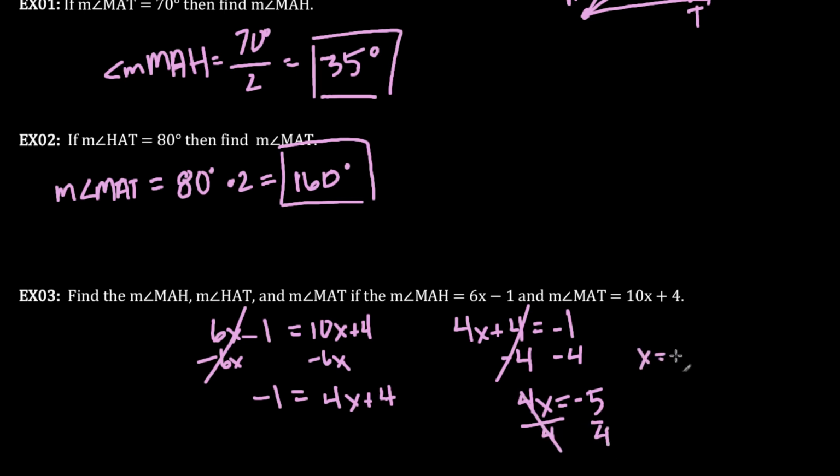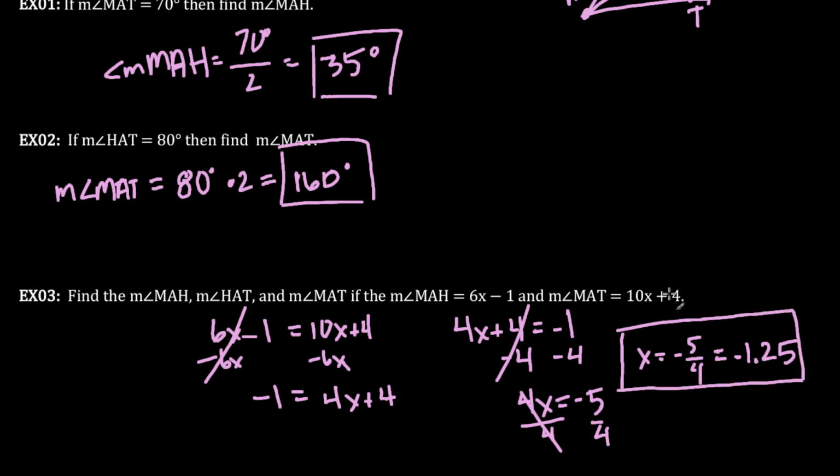X equals negative 5 over 4, which is negative 1 and 25 hundredths. Now this isn't our answer. We actually have to substitute them in. Because I know you know how to do that, I'm not going to waste your time with it. Let's go to the second part.